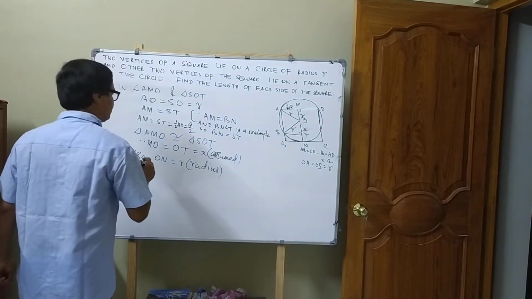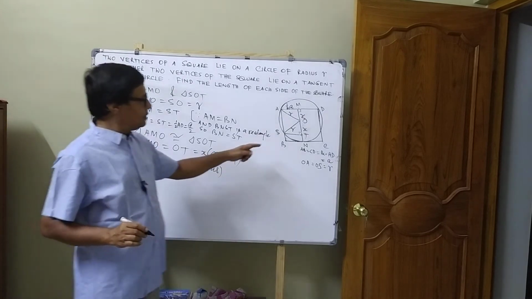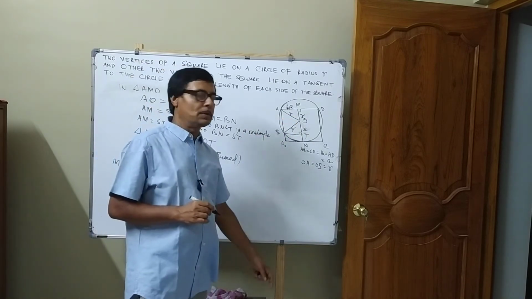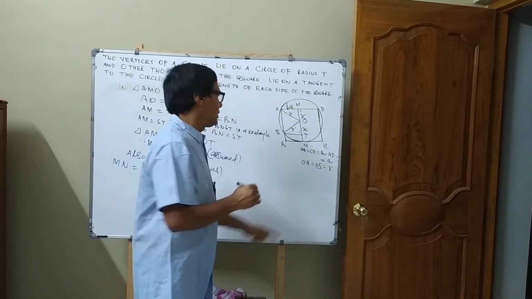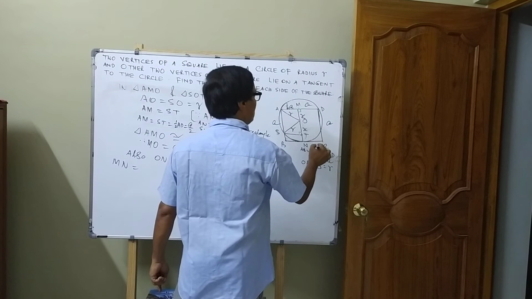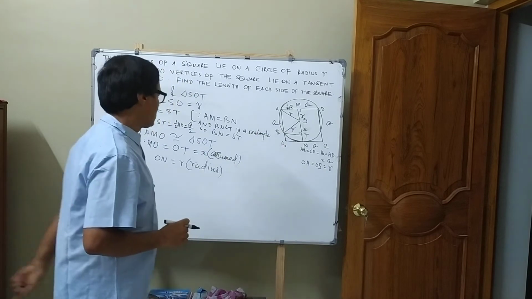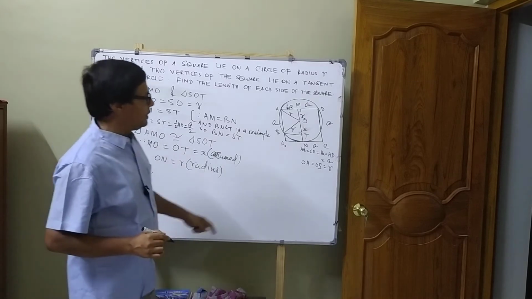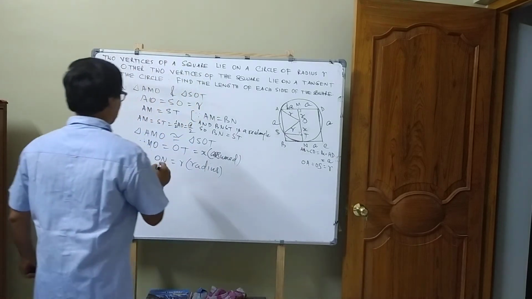So MN is equal to its opposite side AB, and AB is also a side of the given square whose length of each side is assumed as A. Each side has length A. So MN is also A.